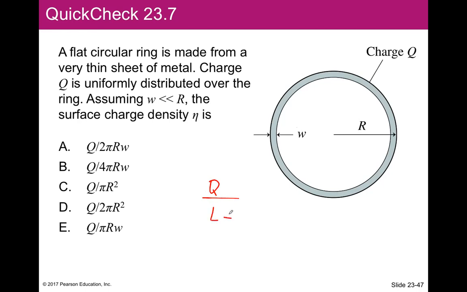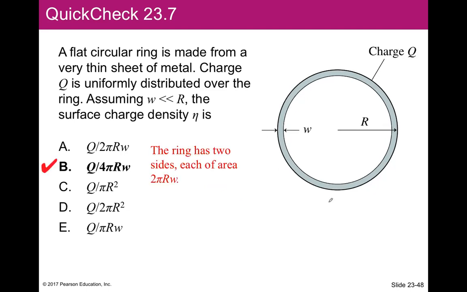And the length is 2 pi r, right? Circle length. So, oh, okay. It has two sides. Let's see. Very thin metal. Okay. So the surface charge density.